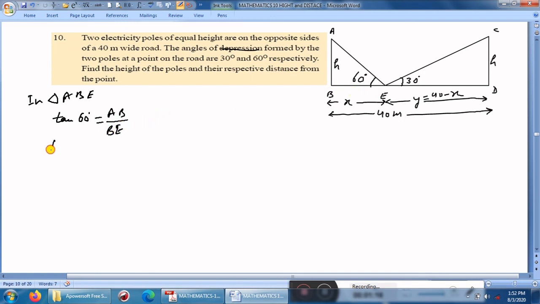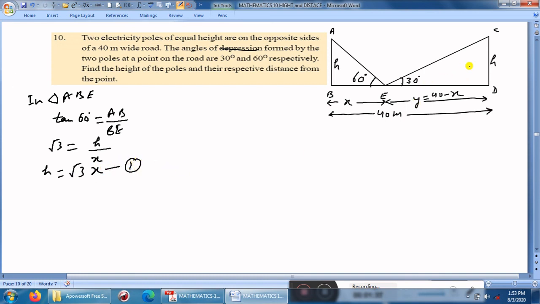The value of tan 60 is root 3, AB is H and BE is X. Now we can find X or H. So H is equal to root 3 times X. So that is your equation first.